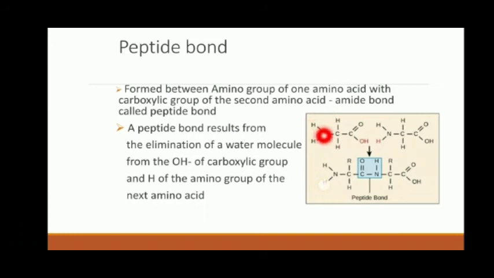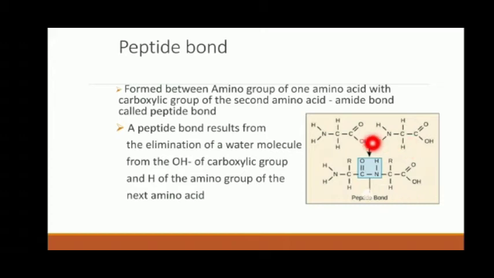This is the NH2 amino group or amino terminal. This is carbon, here hydrogen, and on one side is the alkyl group or R group, that is varying. Here this is one amino acid, and this is another amino acid.